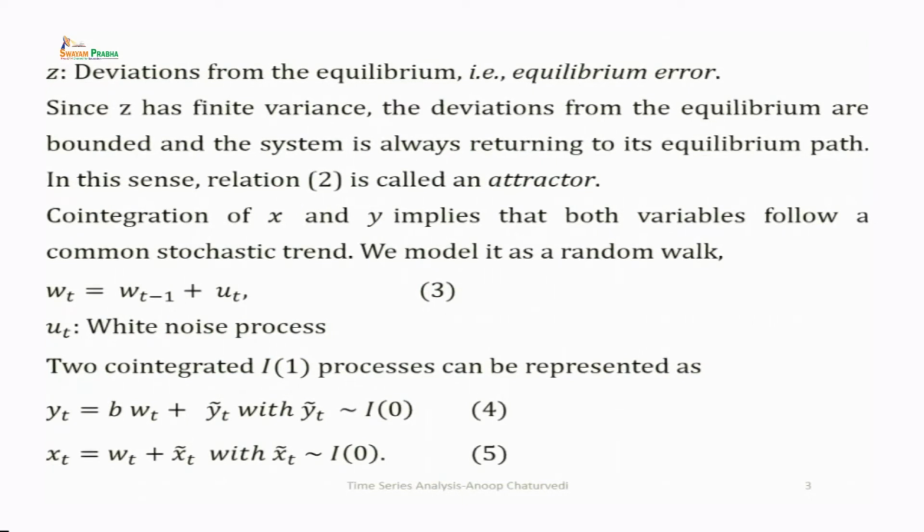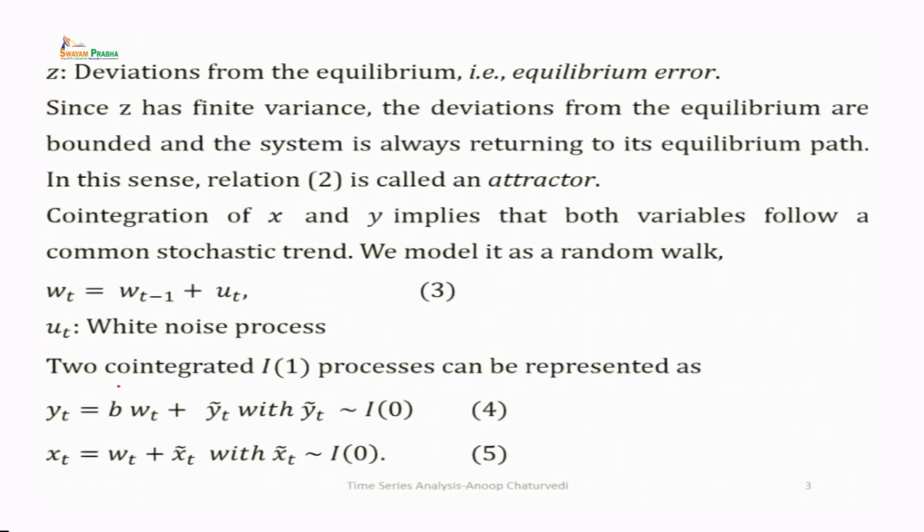Then co-integration of x and y implies that both variables follow a common stochastic trend, and then we model the common stochastic trend as a random walk. Say W t is equal to W t minus 1 plus U t. Again, U t is a white noise process.